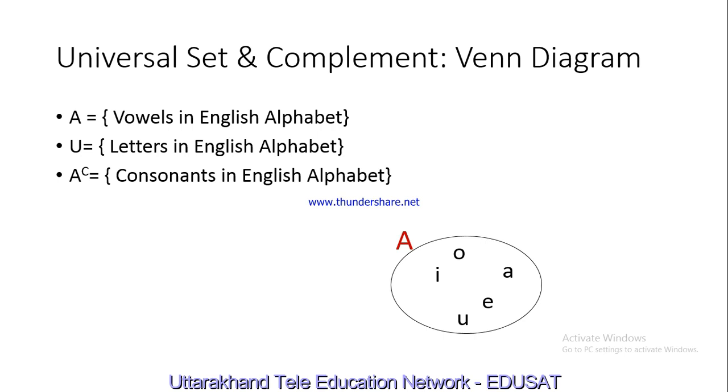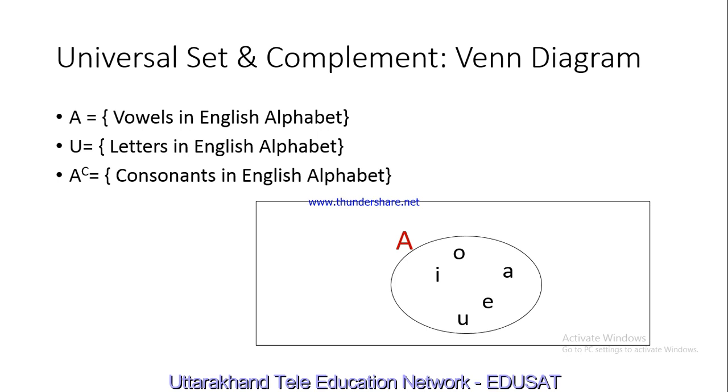Now what will be the universal set? Universal set will be the set which contains all the elements. It should also include A, and that is why we are using this box to show the universal set, because the universal set is the set which contains all the elements which are possible in a particular context.